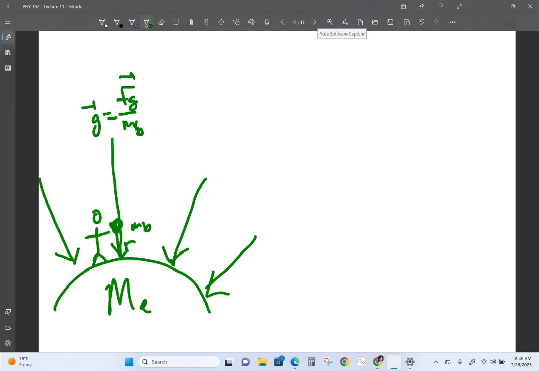What we also know is that as it gets closer to the Earth, this force gets bigger, and if it gets bigger, then the field is stronger as you get closer to the center of the Earth. We also know that it picks up speed.